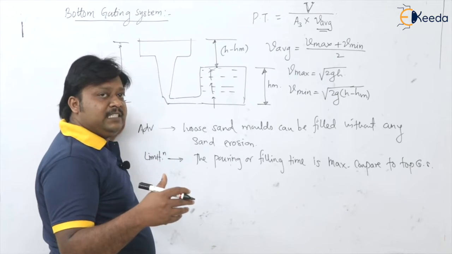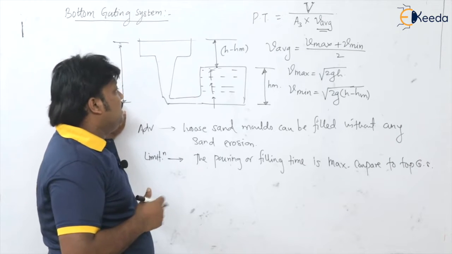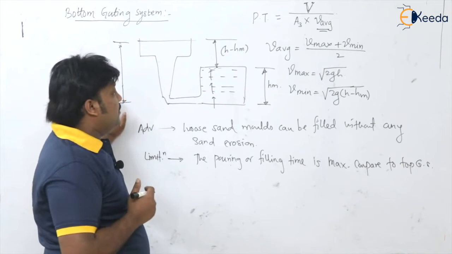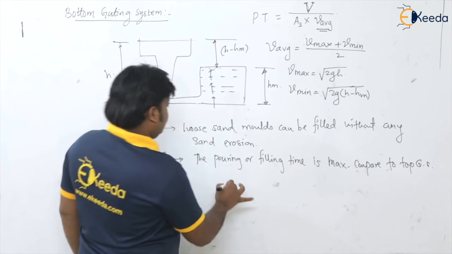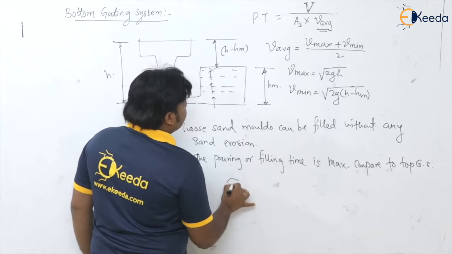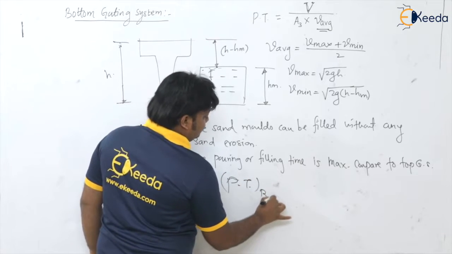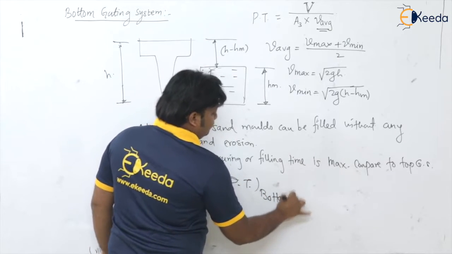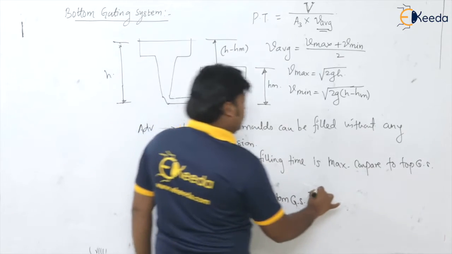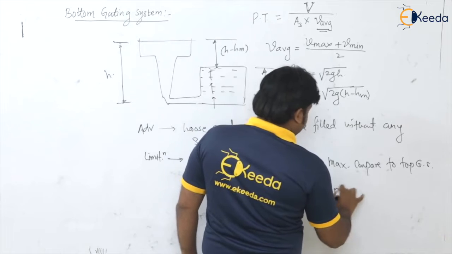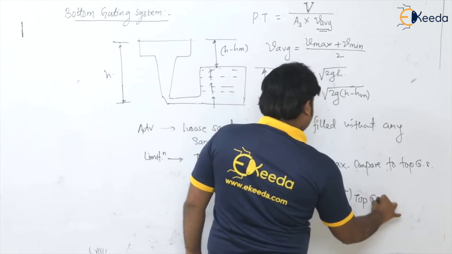Okay, now one thing is that for the same manometric heights, in the top gating system as well as in the bottom gating system, if you compare, then you can do it on your own that the pouring time for the bottom gating system is equal to 2 times the pouring time for the top gating system.